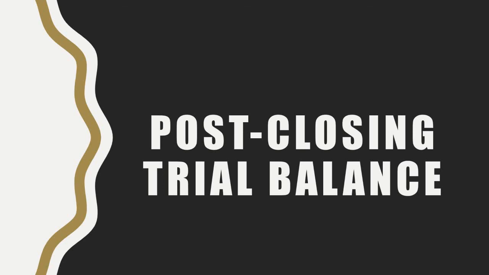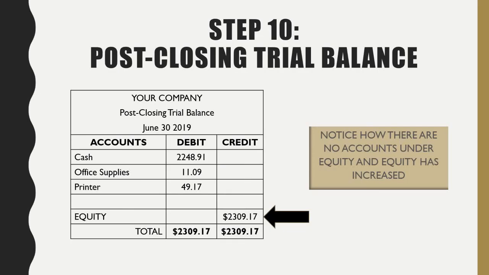And then last but not least, you're going to complete step 10, which is completing the post-closing trial balance, where we're literally going to compare. Did you get the same answer for your equity? Okay, because in this case, you don't have any more revenues and you don't have any more expenses, right? They should all have been transferred to equity.